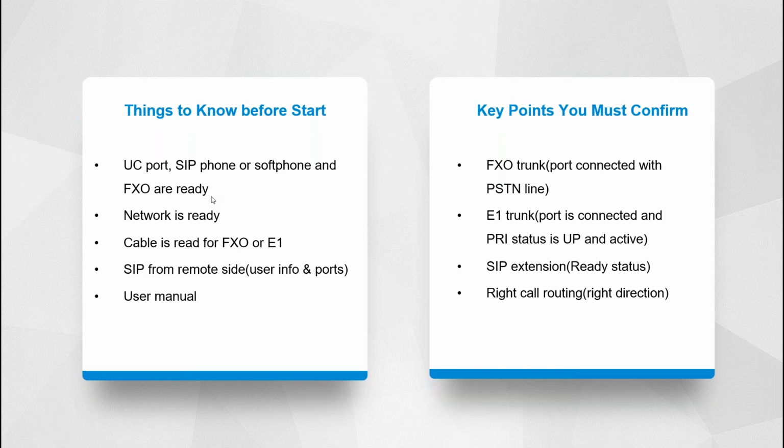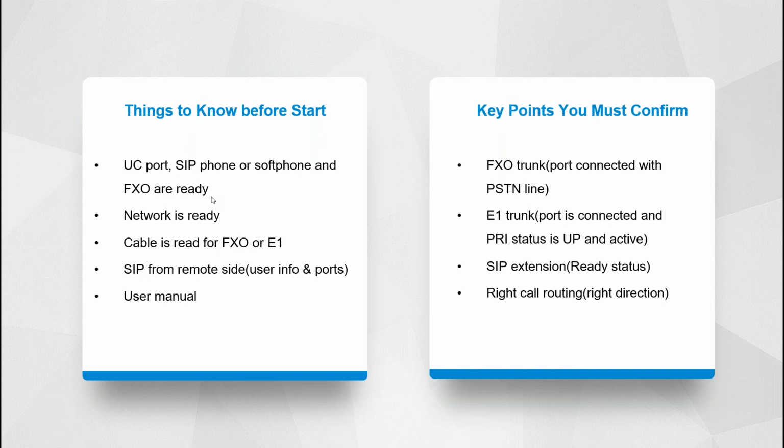So after that, you make sure physically that everything is okay. You must also confirm some points. If you use the FXO trunk, you have to make sure your FXO PSTN connection is ready.